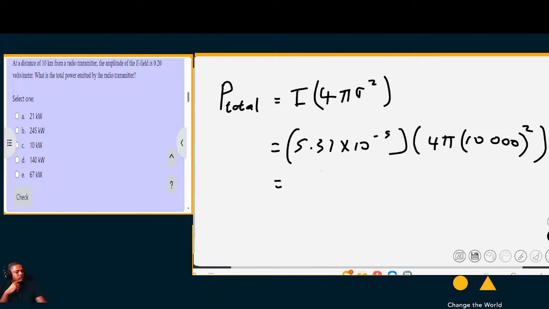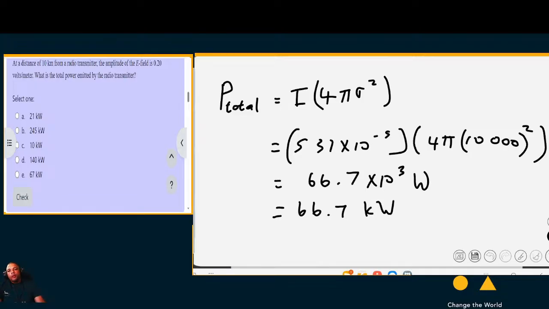Yes, 4 pi, all of that, you get 66.7 times 10 to the 3 watts, or just rather 66.7 kilowatts. That's the total power that is emitted by the EM transmitter.